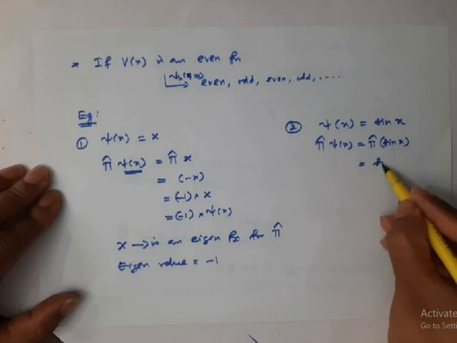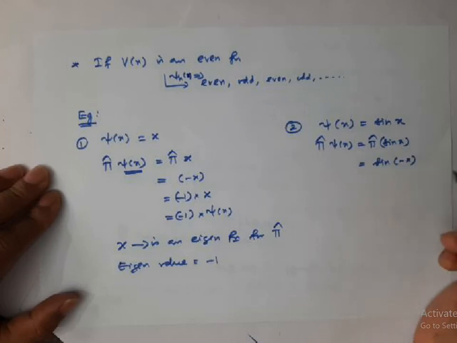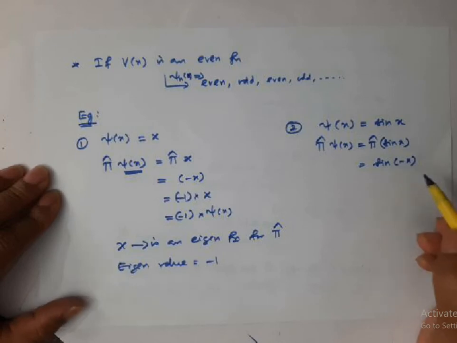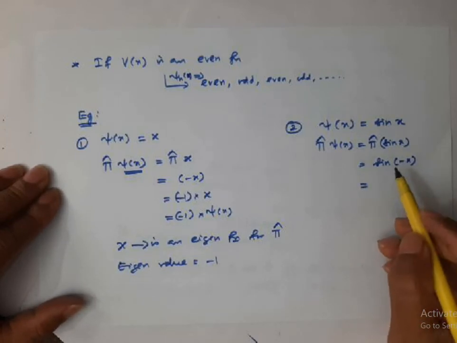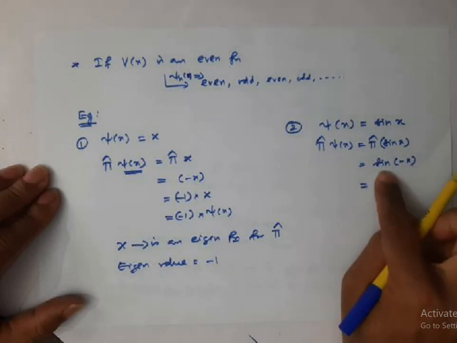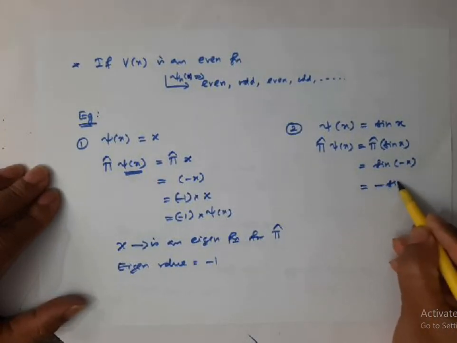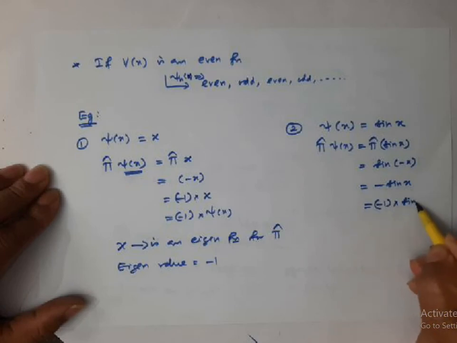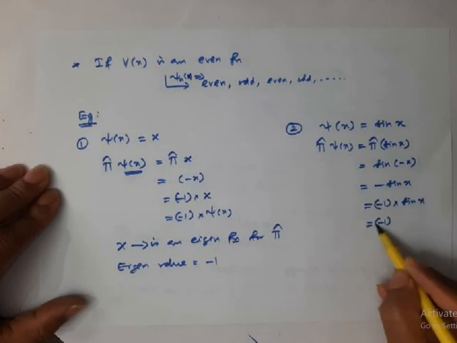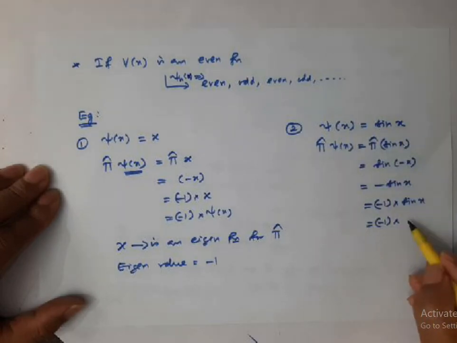Applying the parity operator is changing the sign of the coordinate to minus x. You know very well sin x is an odd function and cos x is an even function. So sin of minus x is minus sin x, which is minus 1 into sin x, the given function psi of x.